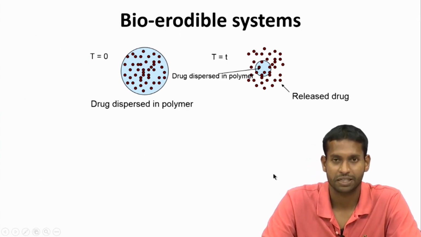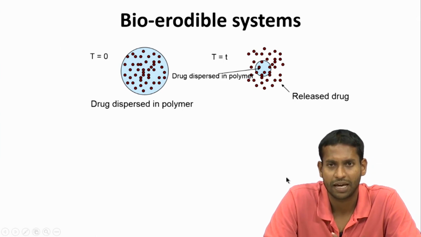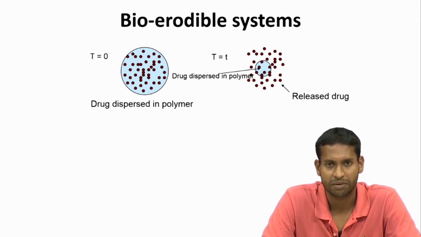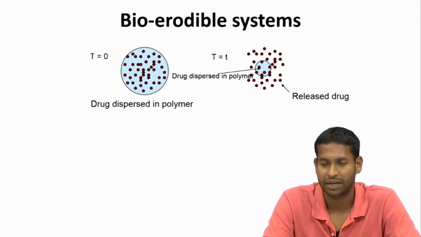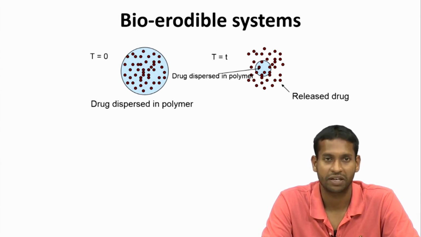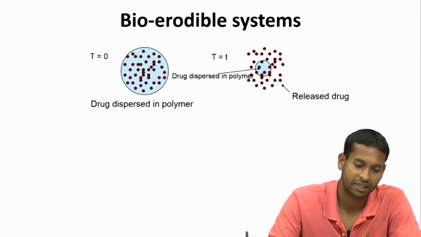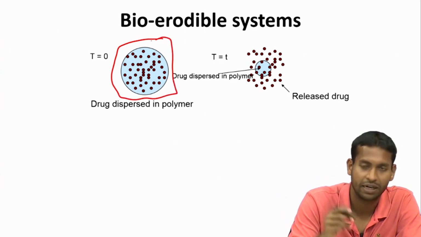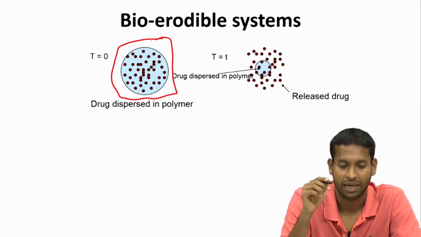Okay, so the next system we are going to talk about is bioerodible. Like non-erodible systems, these are matrix type systems, very similar in terms of the initial synthesis and drug loading, but the release mechanism is very different. In this case, the drug, like in the non-erodible system, is loaded into a polymeric matrix.